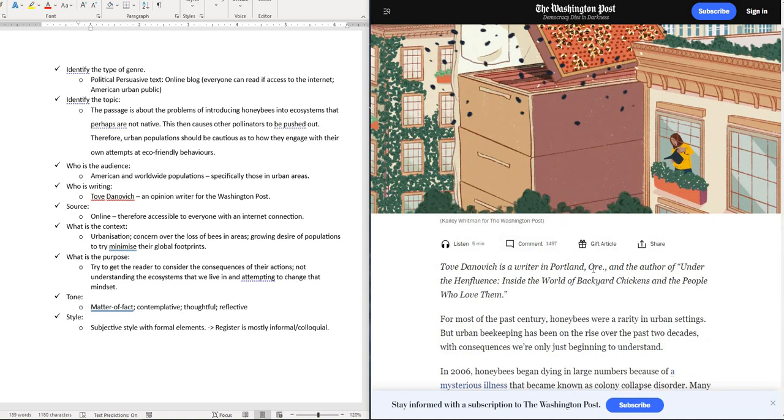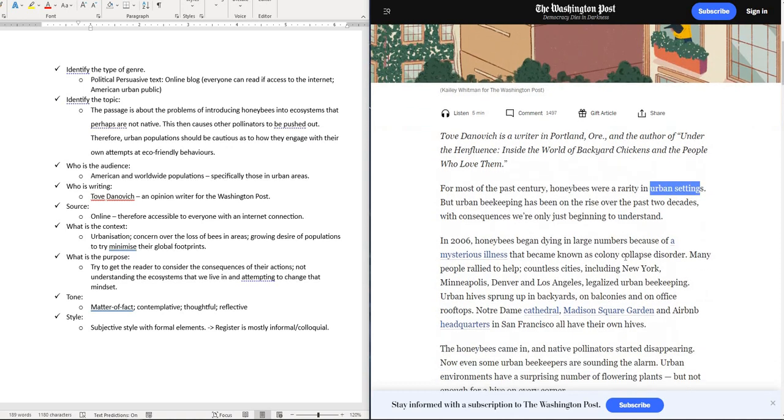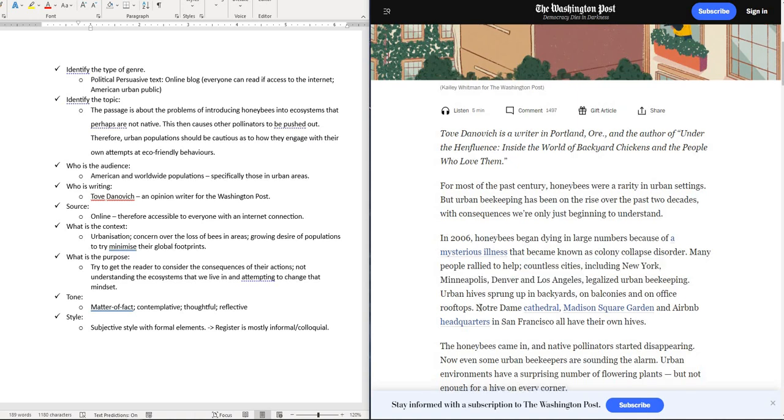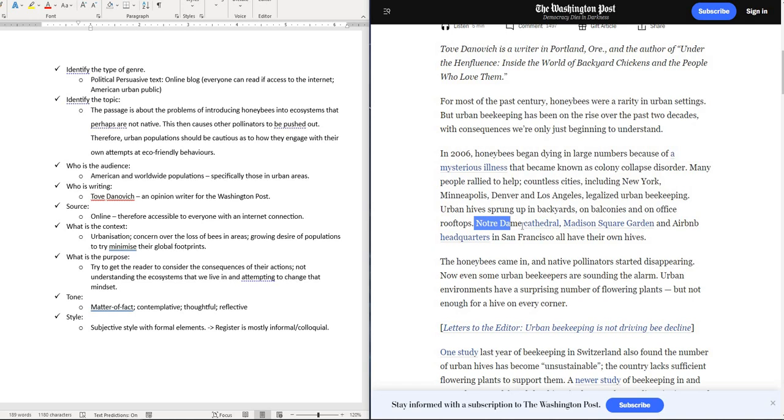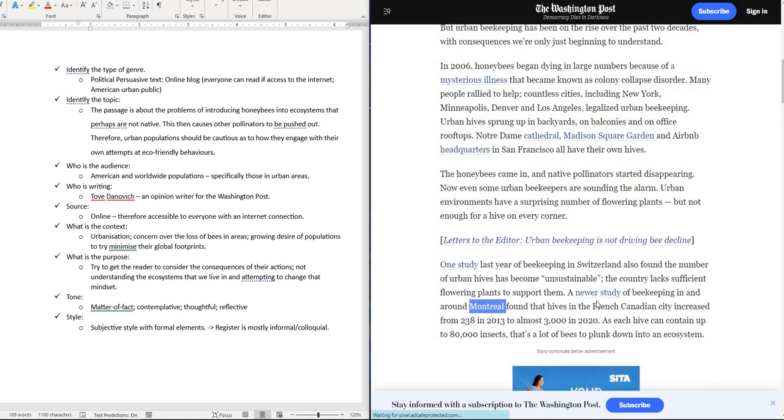But more specifically, in the passage itself, we have the idea of the urban setting. Emphasizing the American context is the reference to American cities, but also with Notre Dame linking in here, and then Montreal linking in here.